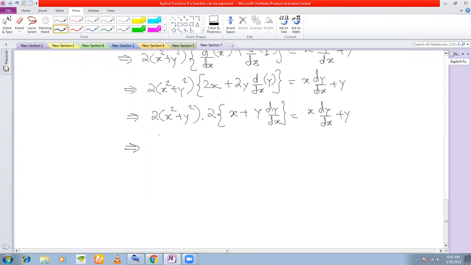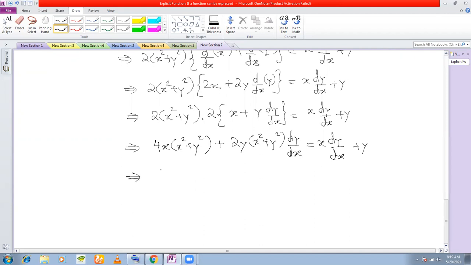So now here you have 2 and 2, multiply them together, 4 x square plus y square, and you multiply everything together. That is 4x square, you get 4x into x square plus y square. Okay, plus 2y x square plus y square dy dx is equal to x dy dx plus y.